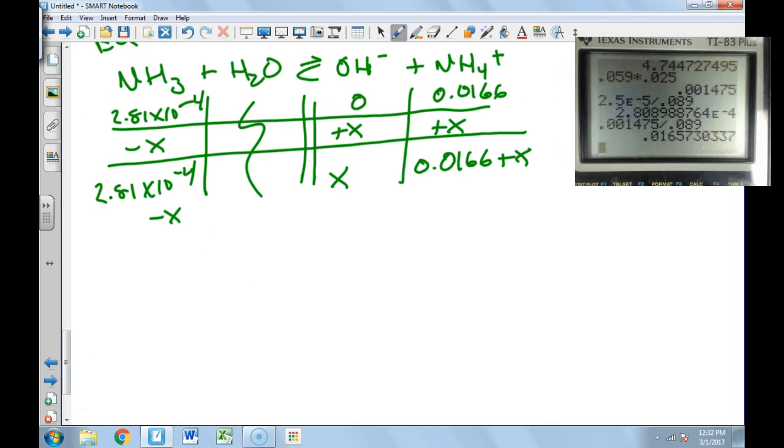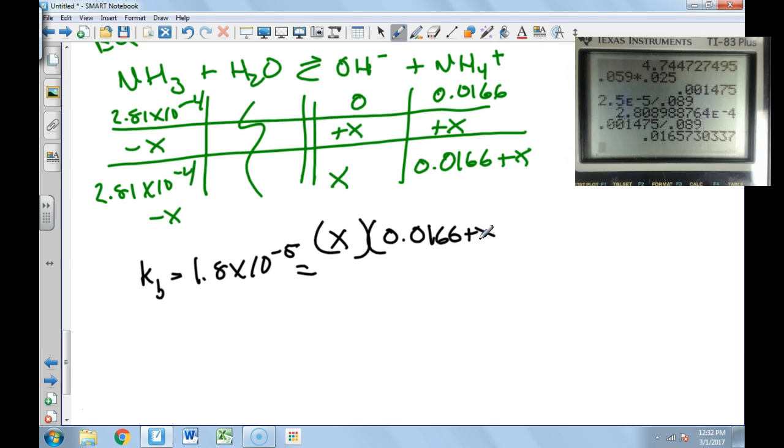Not done yet, because now we have to go Kb equals, and remember that's 1.8 times 10 to the minus 5. And that equals products, x times 0.0166 plus x, that's another product, over the reactants, 2.81 times 10 to the minus 4 minus x.